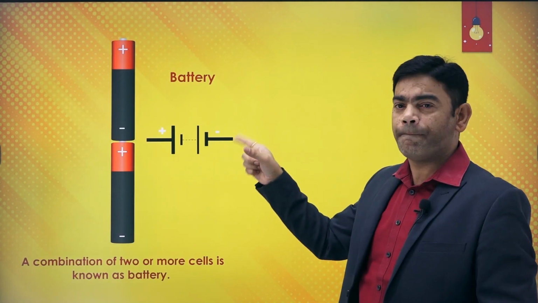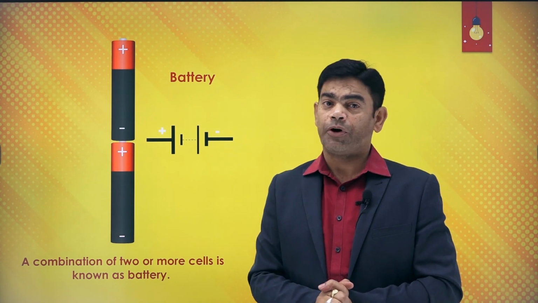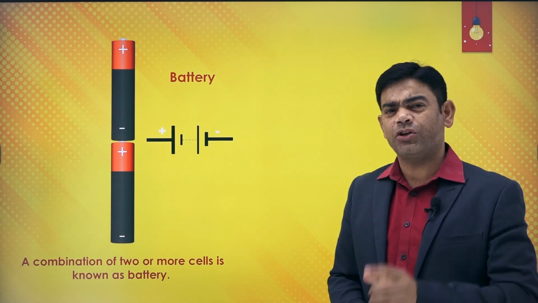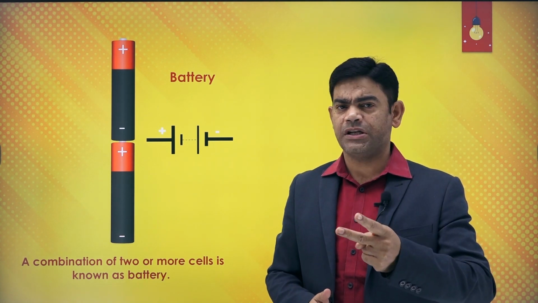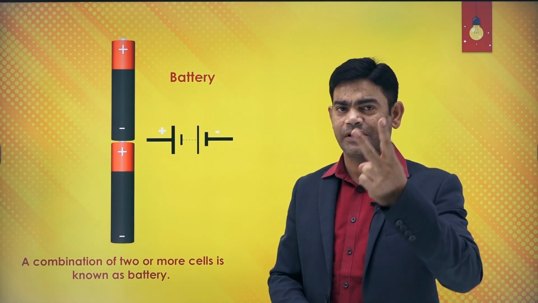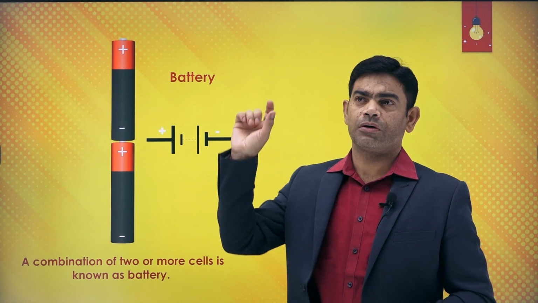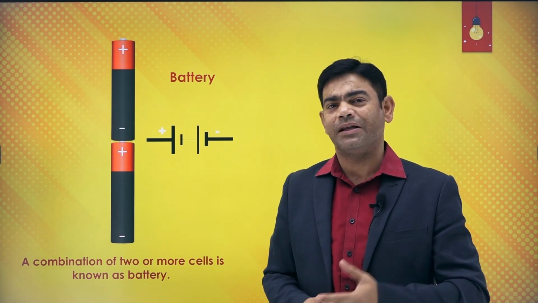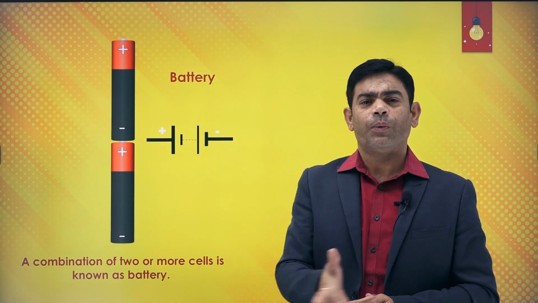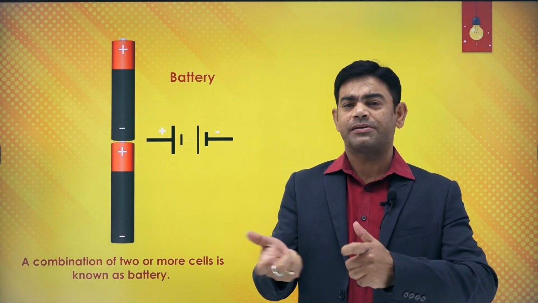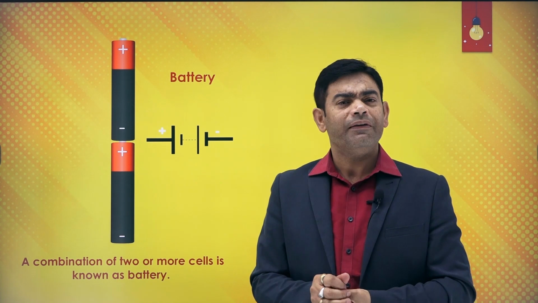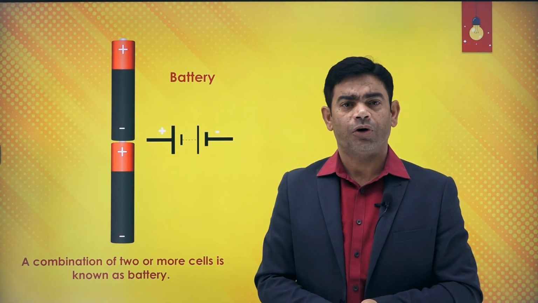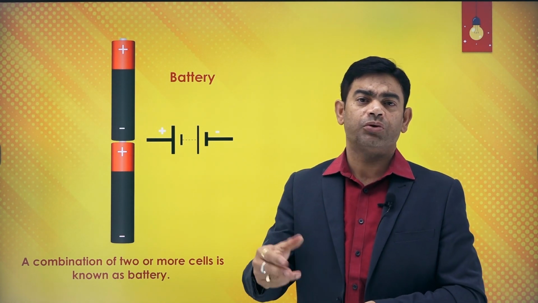Then battery, the most important thing. Sometimes instead of one cell we use multiple cells. We can use two. You must have seen at your home that your remote control generally uses two cells. In your clock it is one cell. Certain devices, like a cordless phone at home, and even certain toys, all battery-operated toys, use more than two cells.